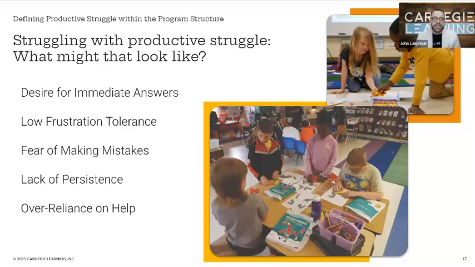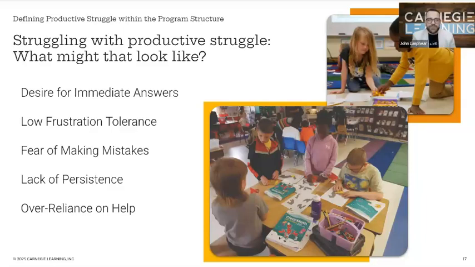So when you think about a desire for immediate answers, the proverbial, hey, is this right? As soon as students finish, the low frustration tolerance, fear of making mistakes, and we see that in the students' faces as they start to try and answer. It's also the lack of persistence and that over reliance on help.